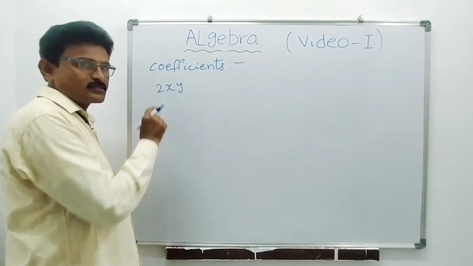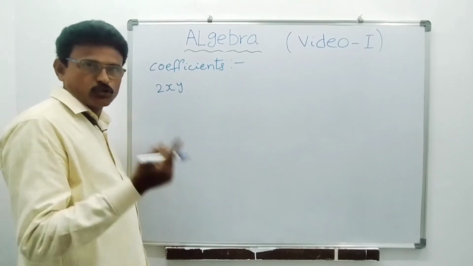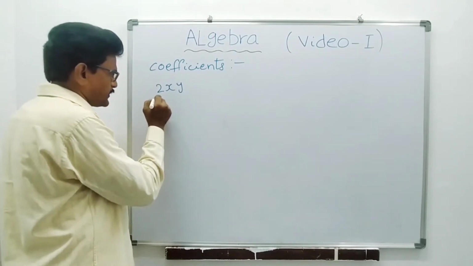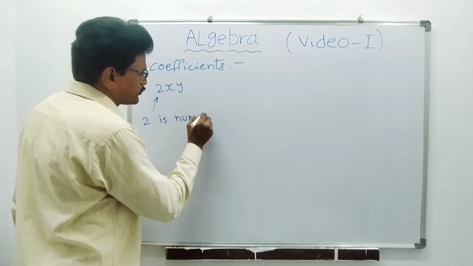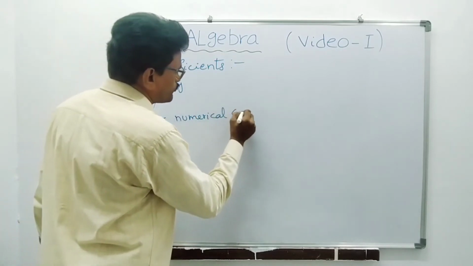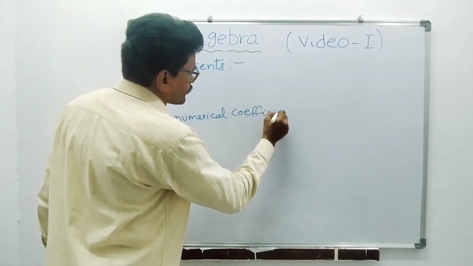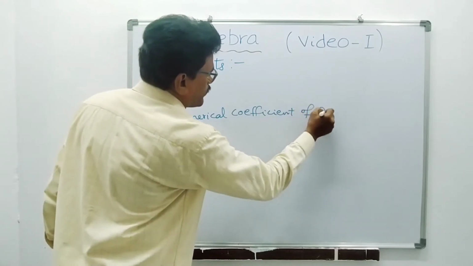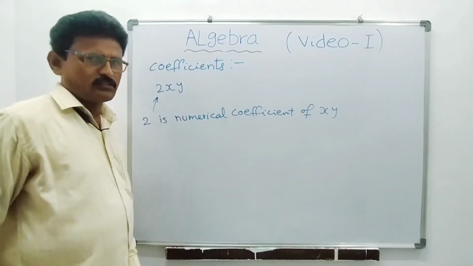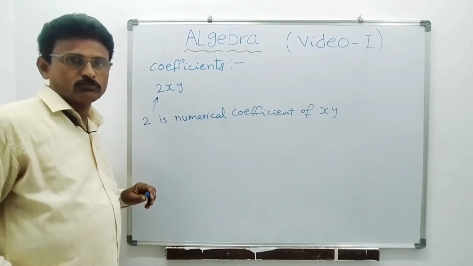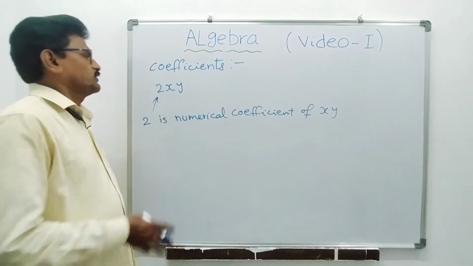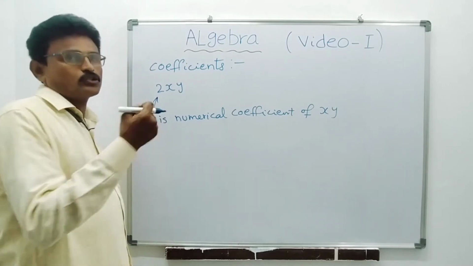And also 2 is a number. It means numeral. So we can say 2 is the numerical coefficient of xy. Okay. They will generally ask what is the coefficient of xy. You have to say 2 is the coefficient of xy. It is a number, that's why we tell it is the numerical coefficient.